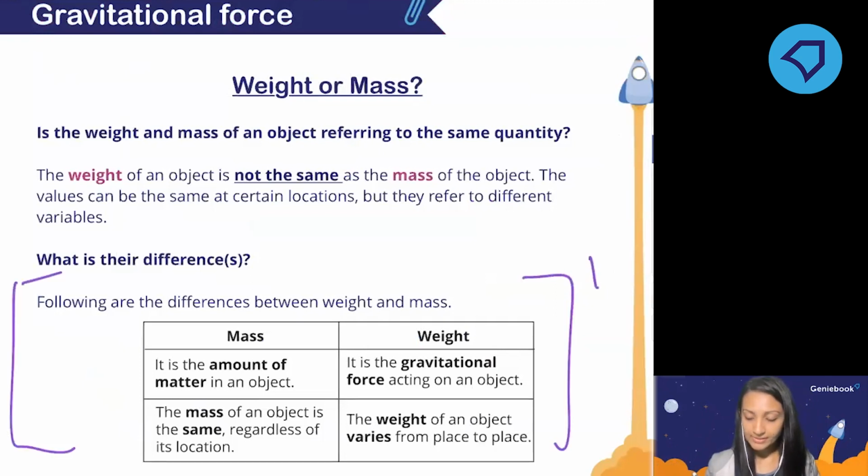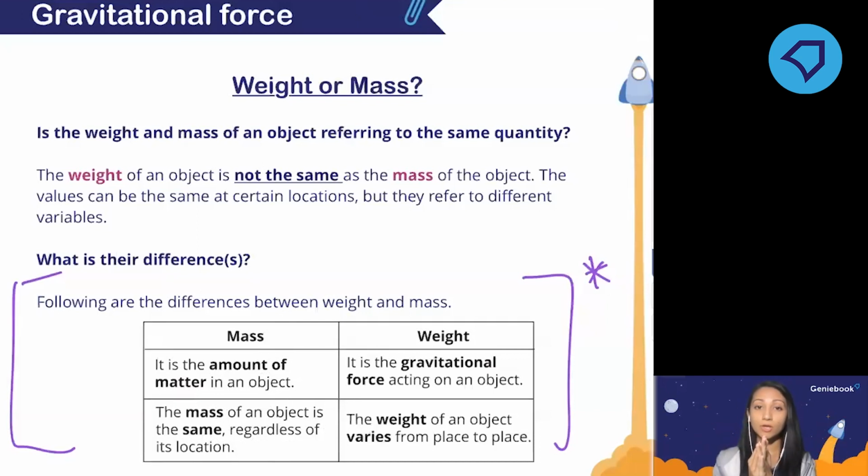You can actually find this inside your school textbook, but you can also take down this part inside your notebook. Okay, so we have the difference between mass and weight. Let's look at the points together. Mass is the amount of matter in an object. The mass of an object is the same regardless of its location. For example, the basketball just now.